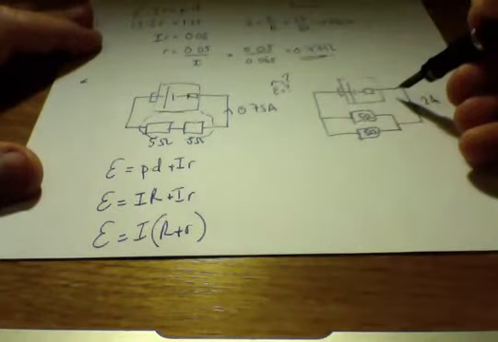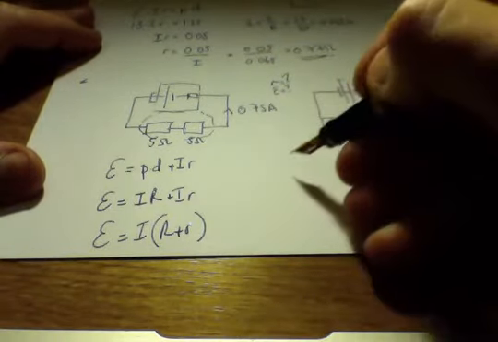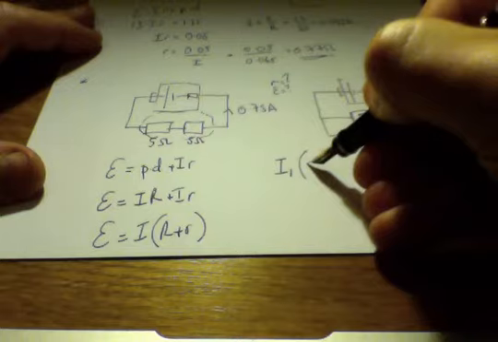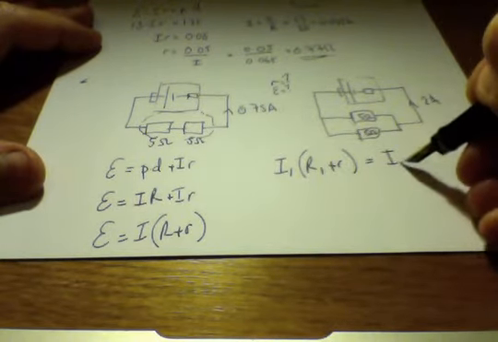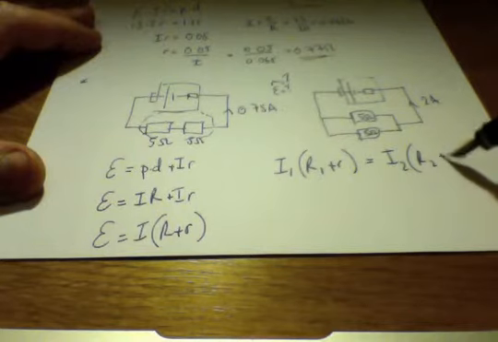It's the same with this one as well. So you can say to yourself that the EMF must be the same in both. So therefore the first current by the first resistance must be the same as the second current by the second resistance.